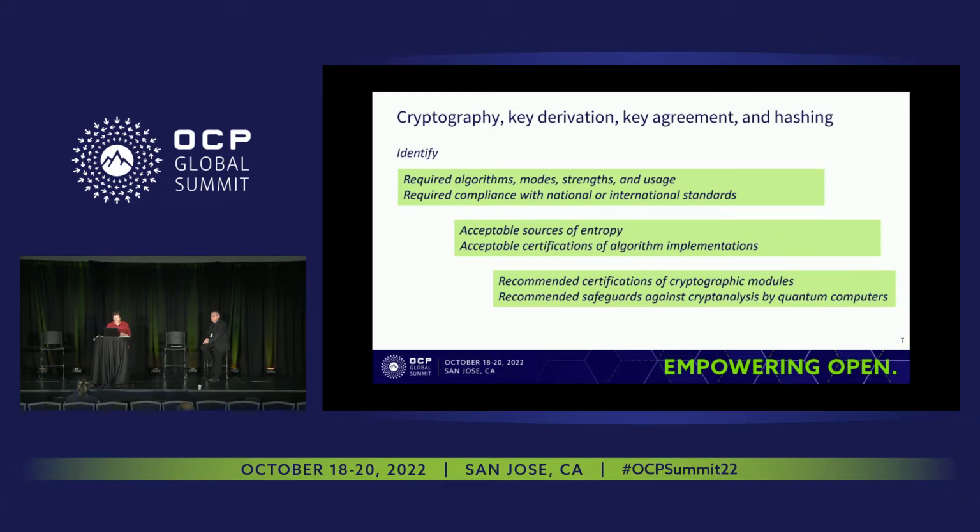If you require compliance with any national or international standards, which Eric's going to talk about, you should identify it there in your spec. Now, when you get to entropy or random number generators or key generators, what are the acceptable sources of entropy? Will you get it from a keyboard? Will you get it from say a ring oscillator? Where do you expect the entropy to come from? Because a lot of security problems originate in poor random number generators.